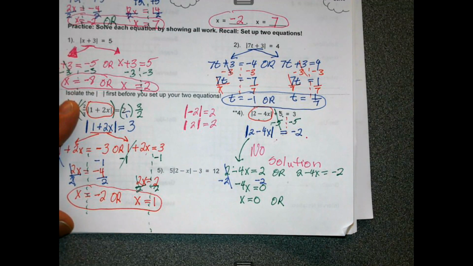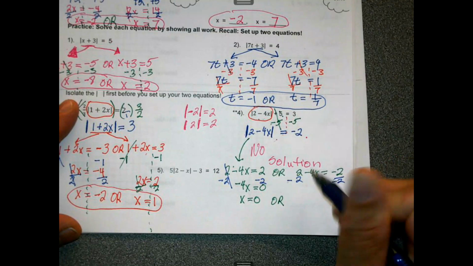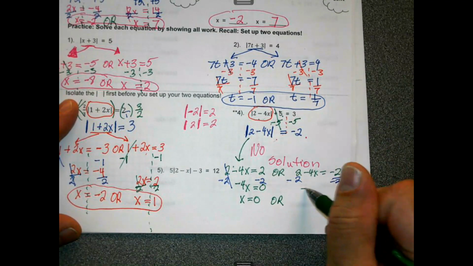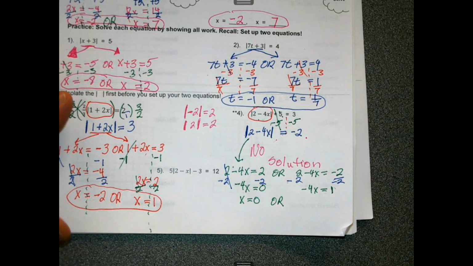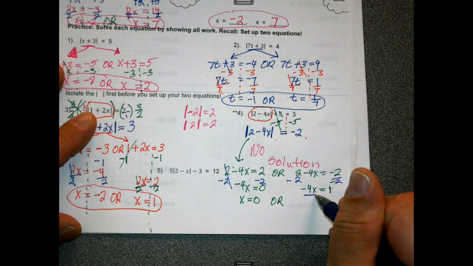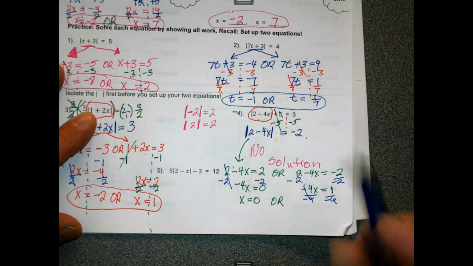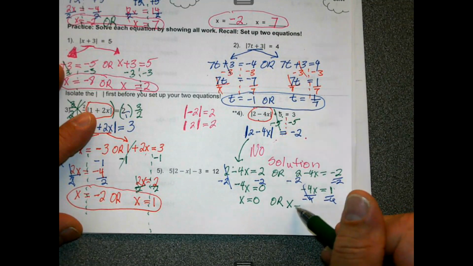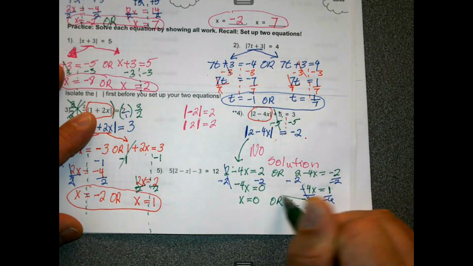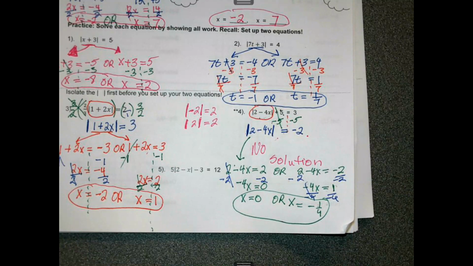Subtract 2 from both sides. I get -4x equals 1. Divide by -4. This time, I do get a number here. -2 minus -2 is -4.